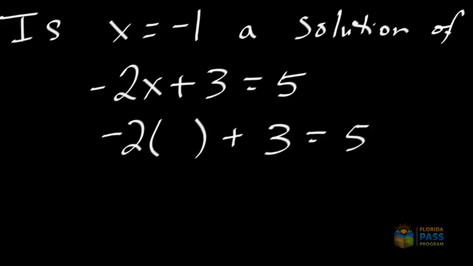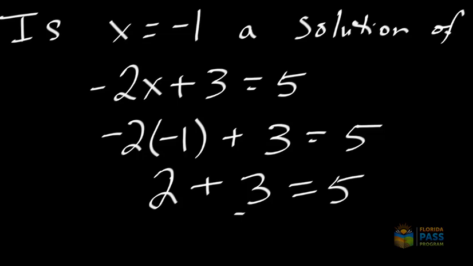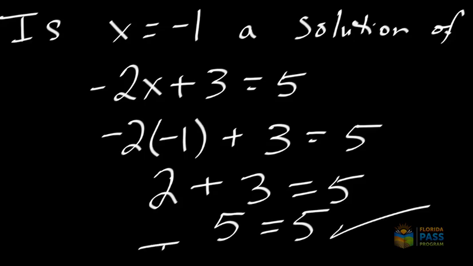We're going to plug in negative 1. So you have 2 times negative 1, which is negative 2. My pen is beginning to act up here. Plus 3. Does that equal 5? Negative 2 plus 3 is 1, which does not equal 5. This is not a solution.